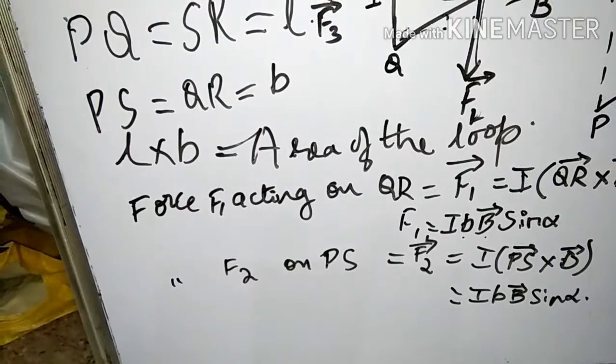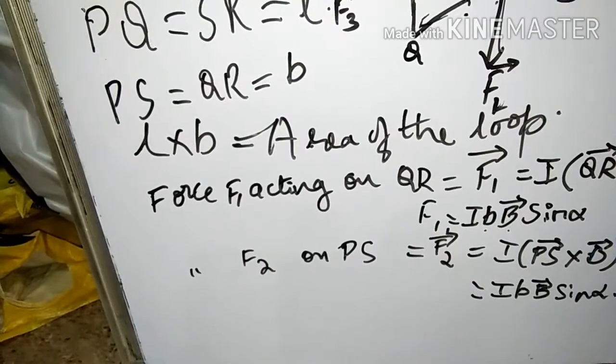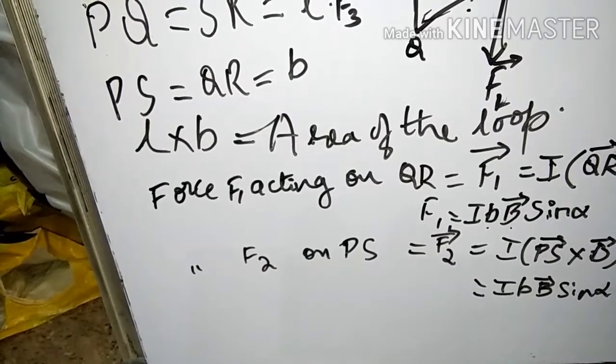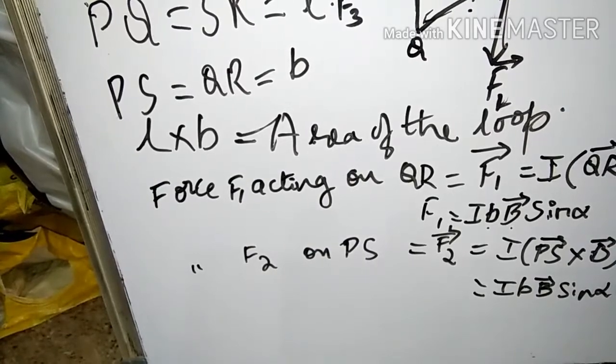Now F1 and F2 are acting along the axis of the loop in opposite directions, and moreover they are equal in magnitude.